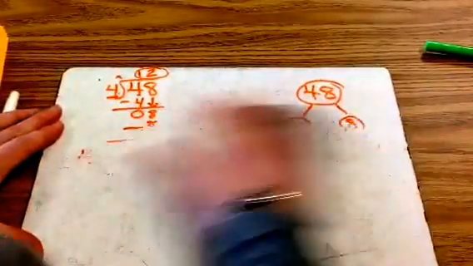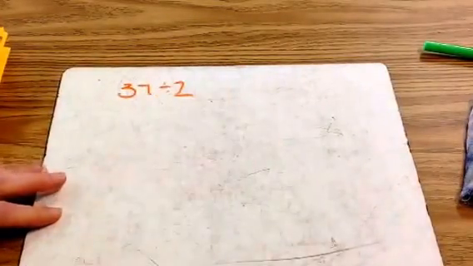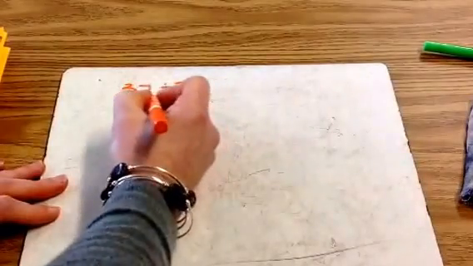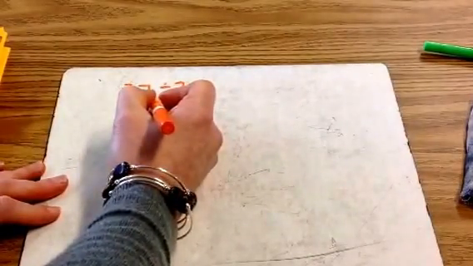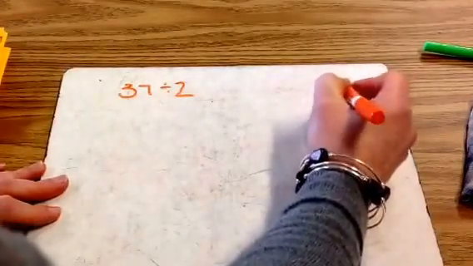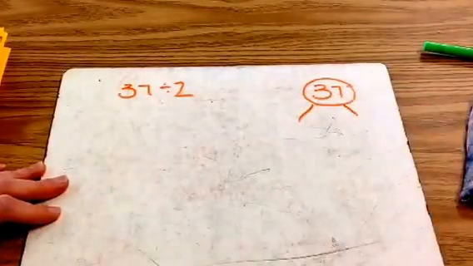Now we're going to look at area models with a remainder. So for example, I might be dealing with 37 divided by 2. I know automatically that 2 does not go into 37 because it is an odd number. So I'm going to take 37 and I'm going to break it up as best I can.